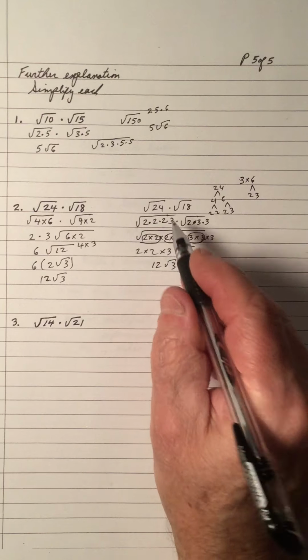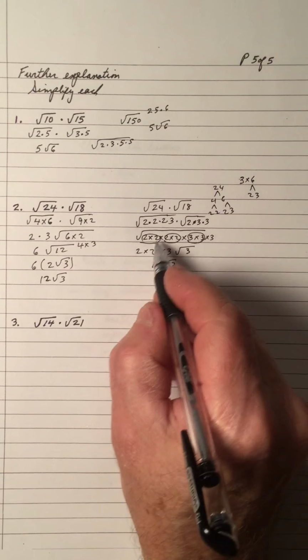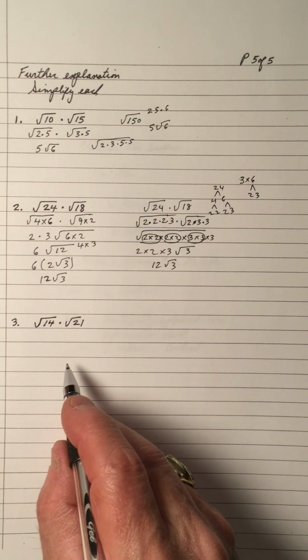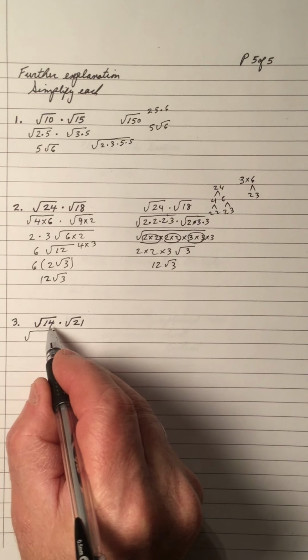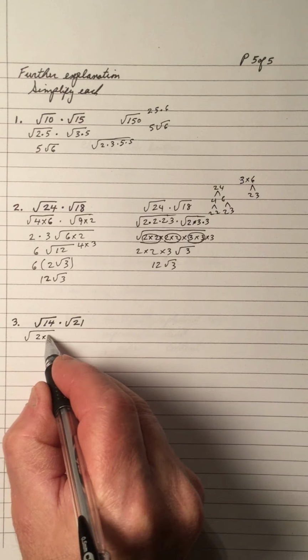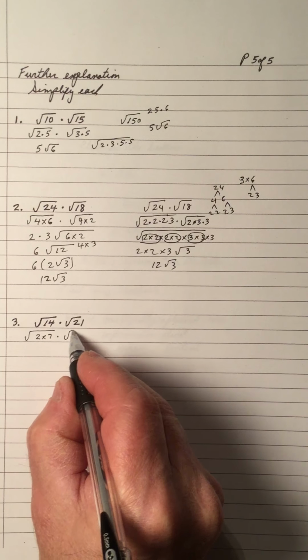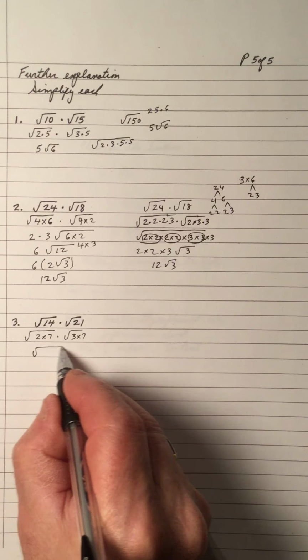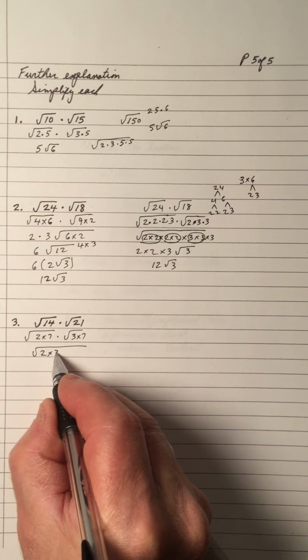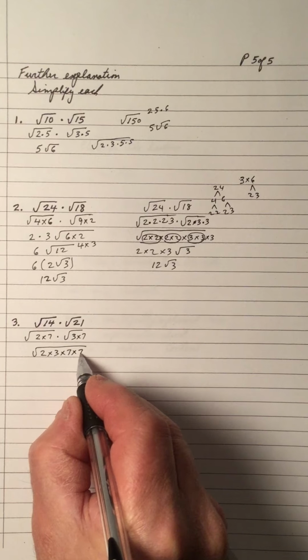So it might be easier to break it up into primes and then write them all down. As in 14 times 21. We'll break it down. 14 is 2 times 7, and 21 is 3 times 7. So altogether I have a 2 times a 3 times a 7 times a 7.